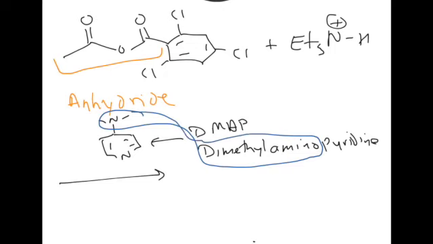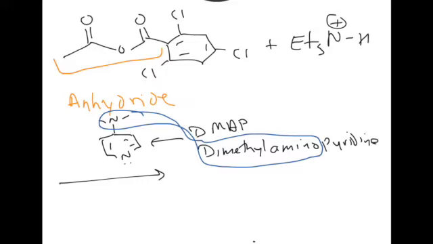All right, so the dimethylamino, that is just the N with the two methyl groups on it. And the pyridine is the rest of the ring. And DMAP gets to do two things in its life. One, it can be a base. Right? It has two nitrogens that have lone pairs, it can be a base.